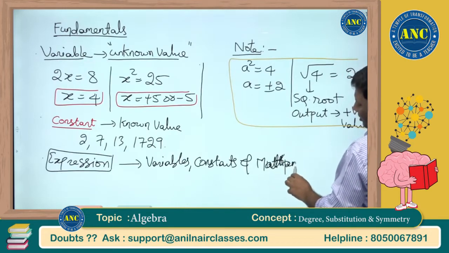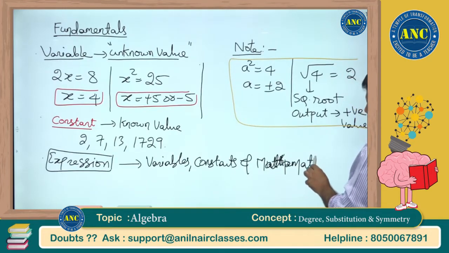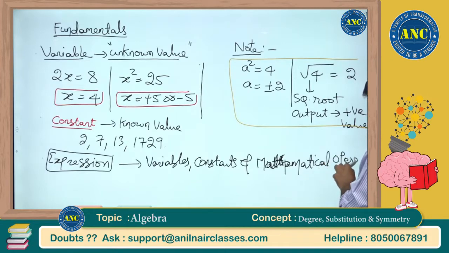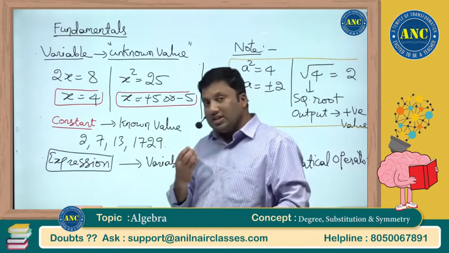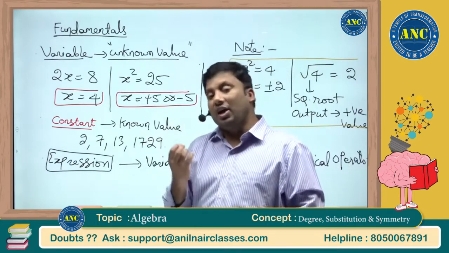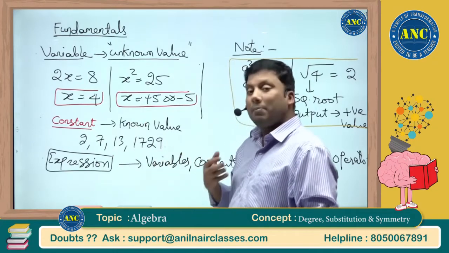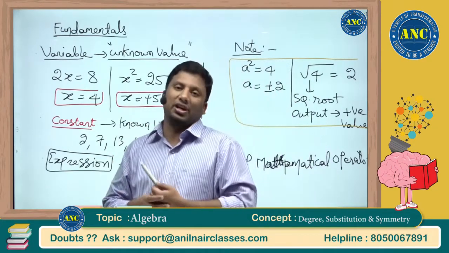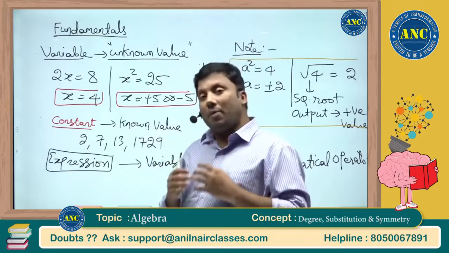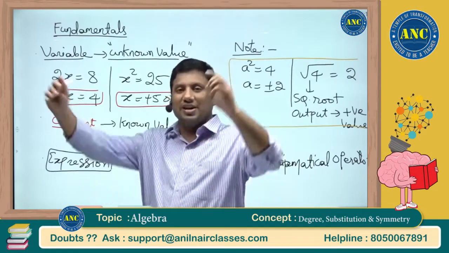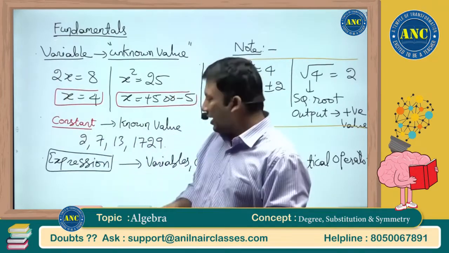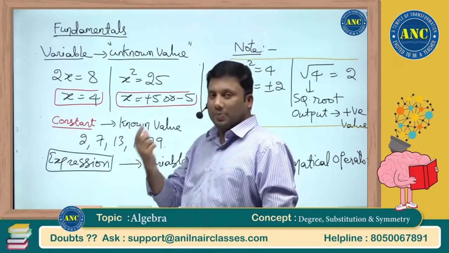If I express using variables, constants, and mathematical operators, then it is called an expression. In algebra, we express by using variables. In number system, we express using numerical values. In geometry, we express using diagrams.